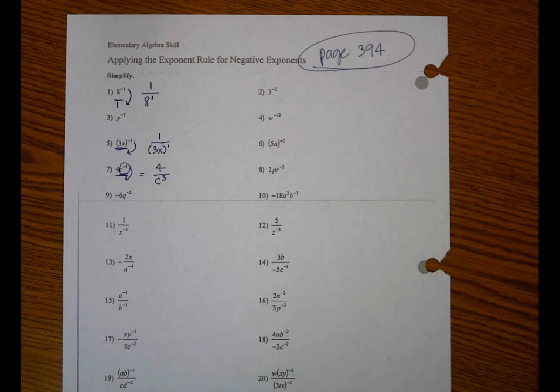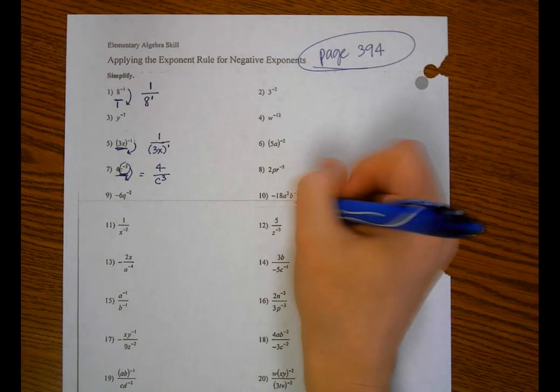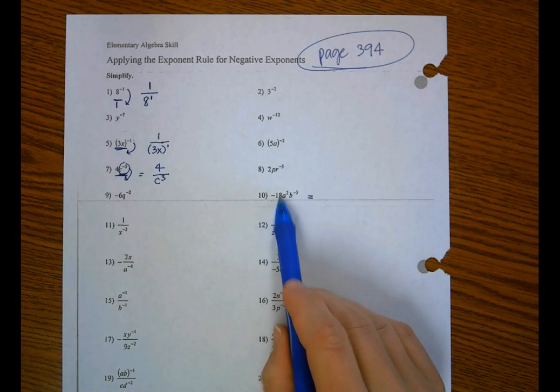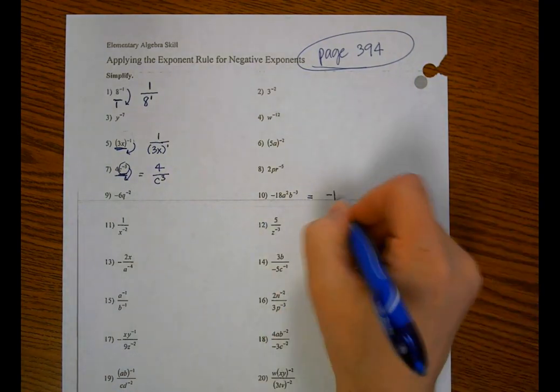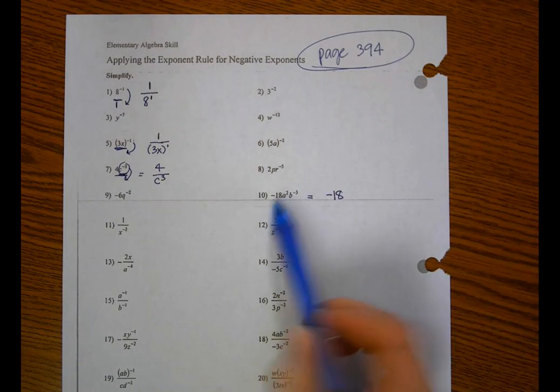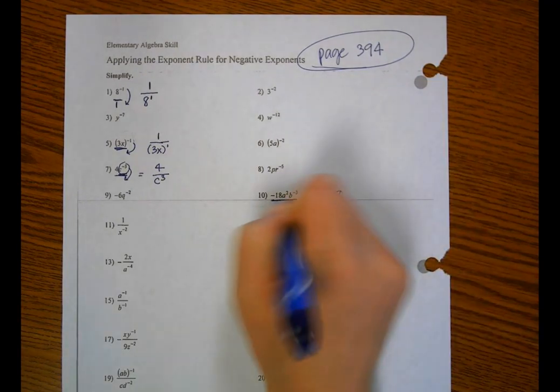So then I want us to be careful. Yes, a negative exponent moves things from the top to the bottom or the bottom to the top, but that does not mean everything moves. For instance, if we look at number 10, the negative 18 is not an exponent. This is a negative number, so that would stay at the top of the fraction, right? This is a negative number, not a negative exponent.